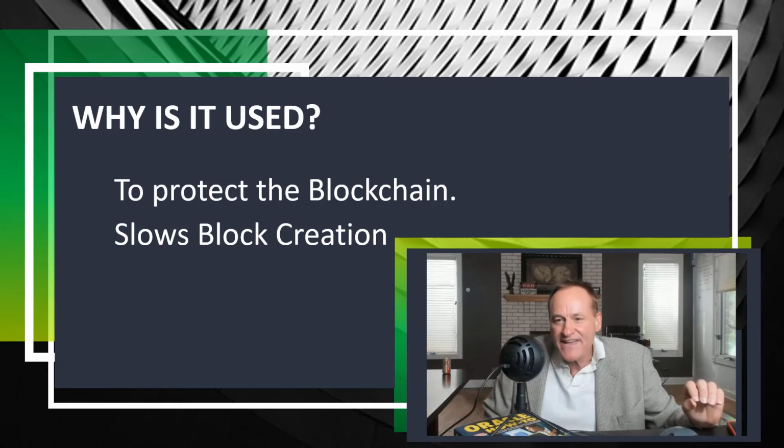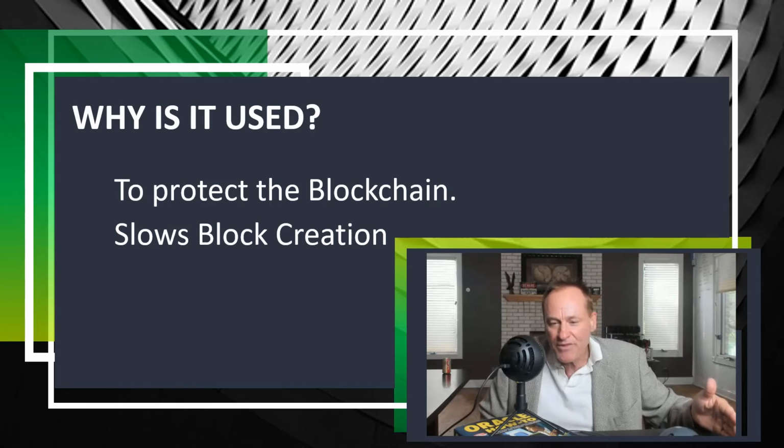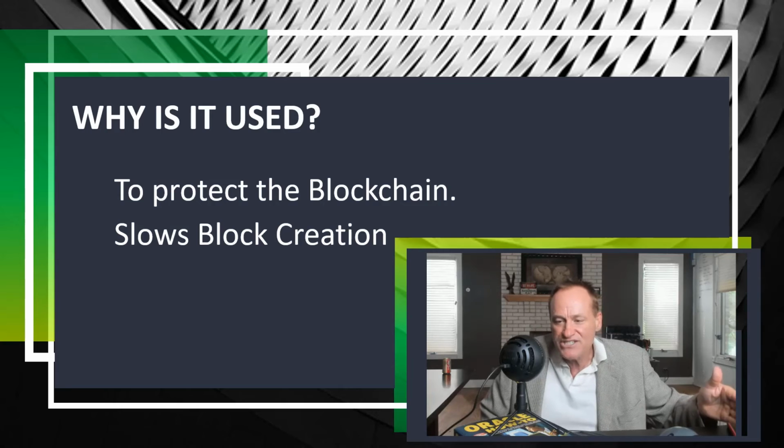Well, what that does is it actually protects the blockchain, because you know that that much CPU needs to be expended to create a block. That will prevent somebody from going back and changing a prior block. Remember, with the blockchain, every block is dependent on the block before it, which is dependent on the block before it.